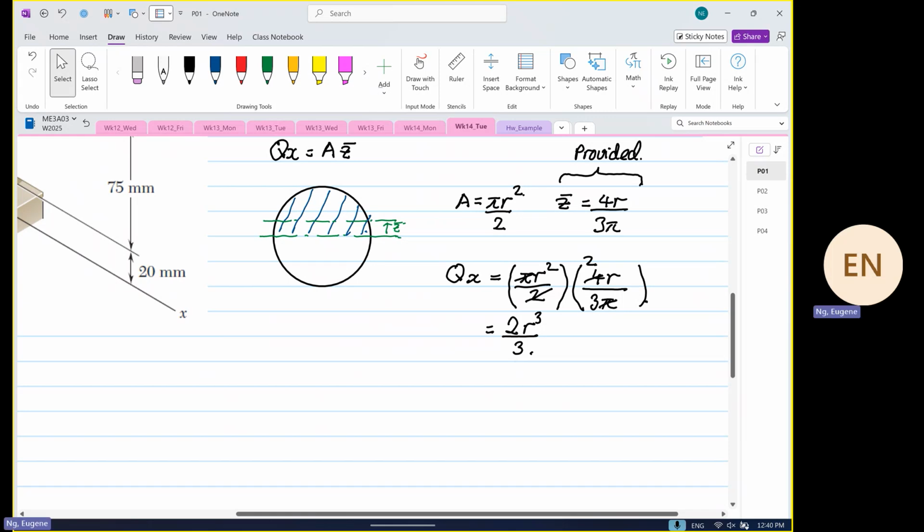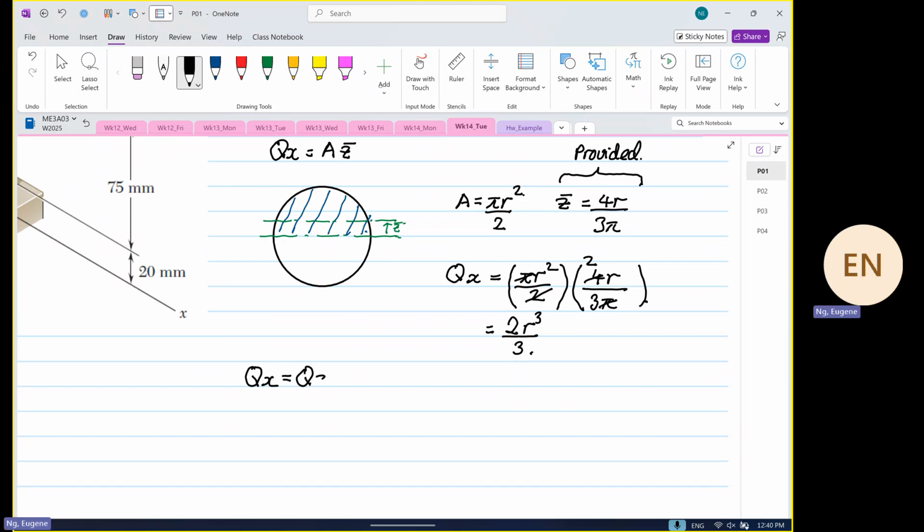So from here, we can calculate Qx is equal to Qz, okay, because it's a circle. So we know that this is equal to 2/3 times outer radius cubed minus inner radius cubed, not squared. Okay. So all you need to do now is just put the numbers in.